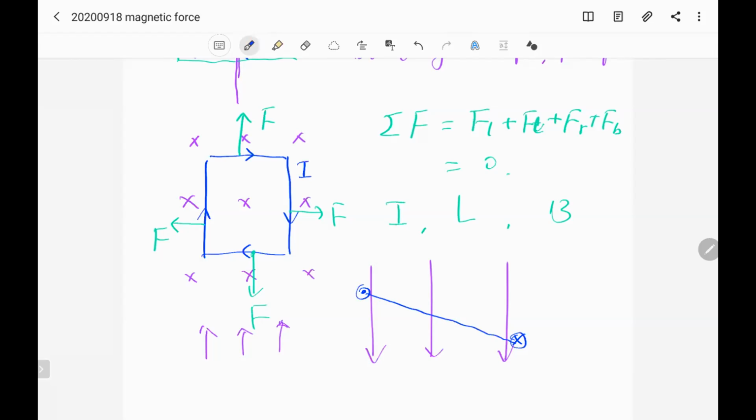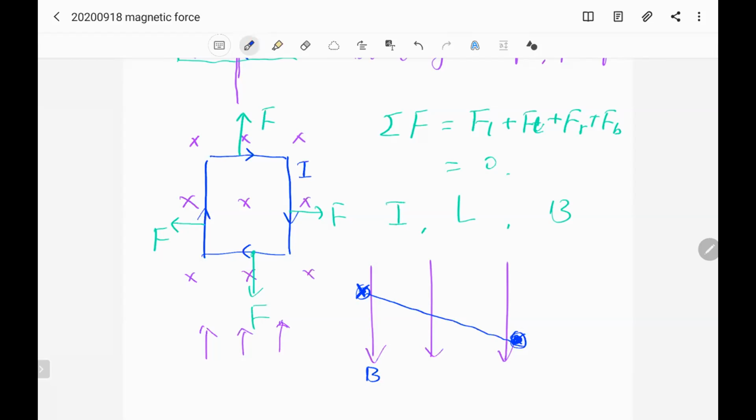Let's check the force on the left side and the right side. The magnetic field goes down and the current goes out. Oh, this is not right. This is in, this is out. Oh, this will be correct.